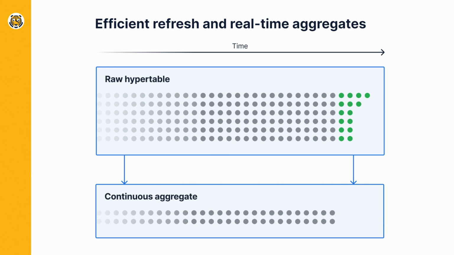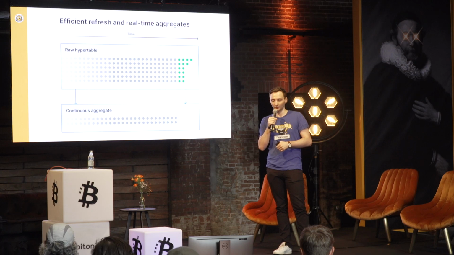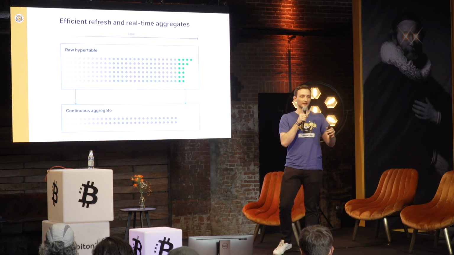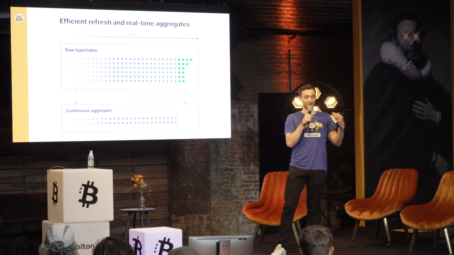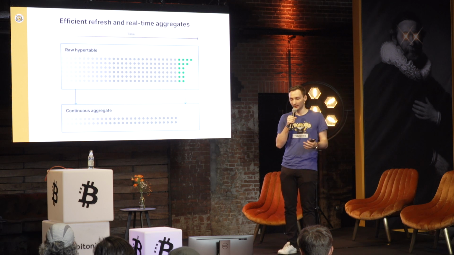And because of this, as I mentioned, the refresh mechanism of continuous aggregates is much more efficient. In this example, all the gray dots represent data that is already materialized. It's already pre-aggregated, meaning if you create a dashboard or visualize data, then the user can change filters and interact with the dashboard, and it will be fast because everything is coming from disk.